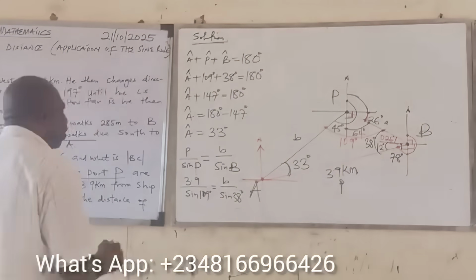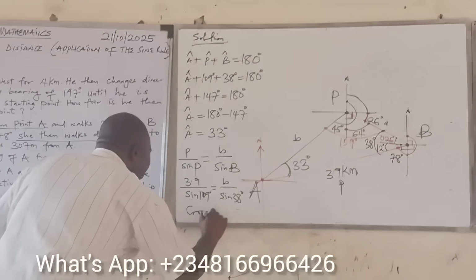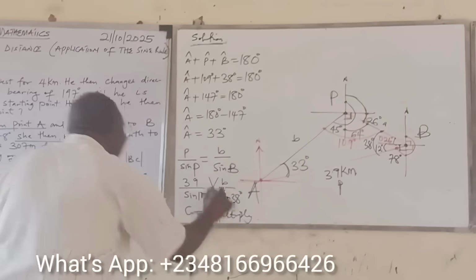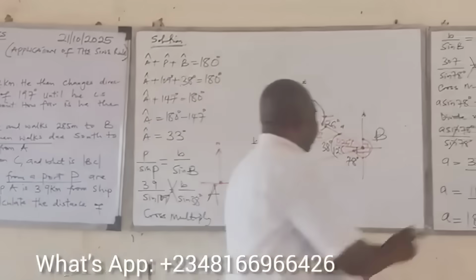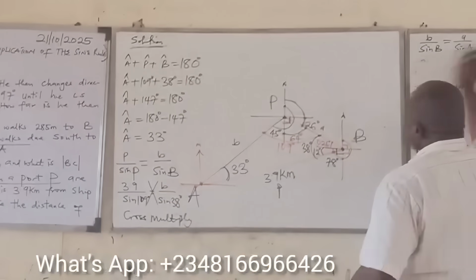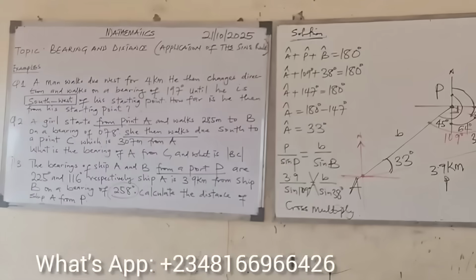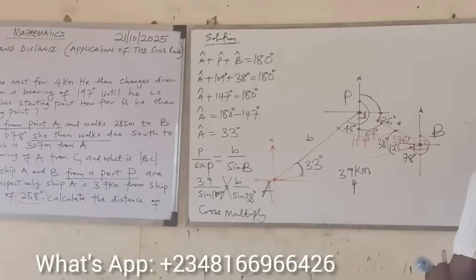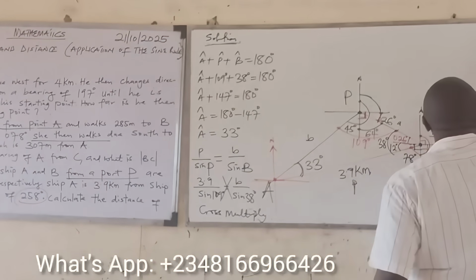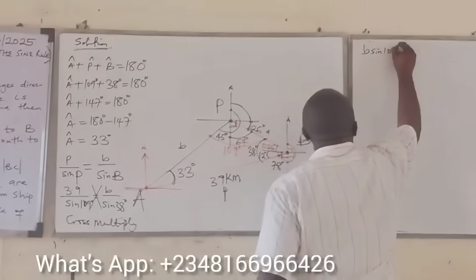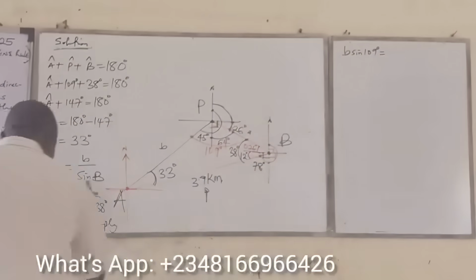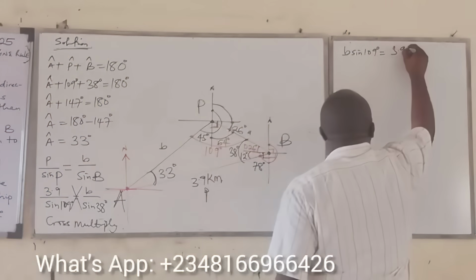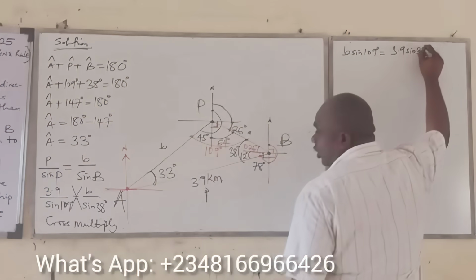So the next step is to cross multiply. In cross multiplying, we have b times sine 109 degrees, equal to 3.9 sine 38 degrees.